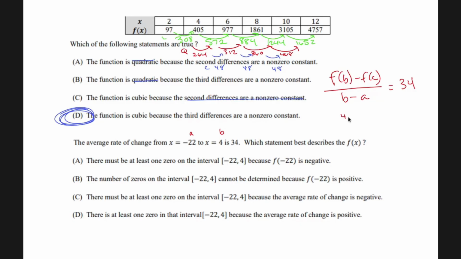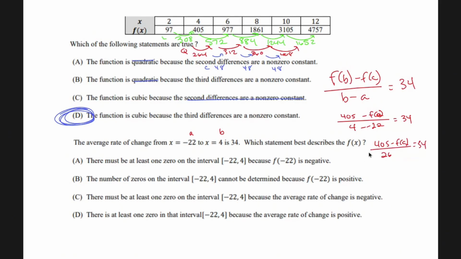So I have 405 minus f of a over 4 minus negative 22 equals 34. That would give me 405 minus f of a over 26 equals 34.